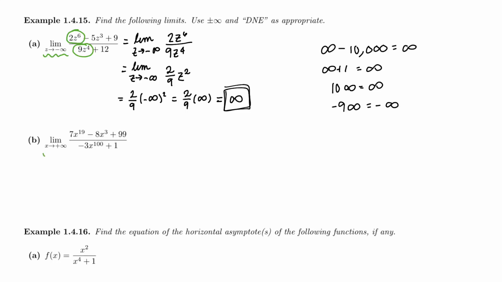Same idea down here. We're going to positive infinity, so we can look at just the highest term on the top and the highest term on the bottom. So the limit as x approaches infinity of 7x to the 19th over negative 3x to the 100. Simplifying that, we would have 7 over negative 3x to the 81.